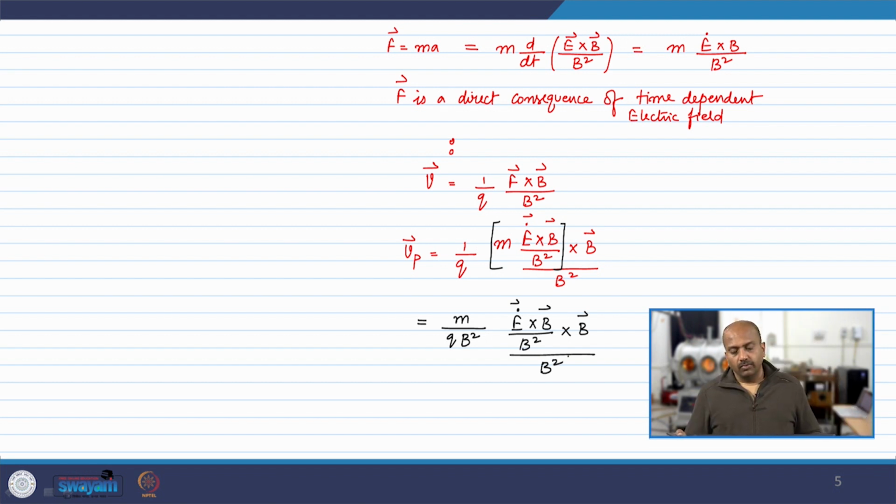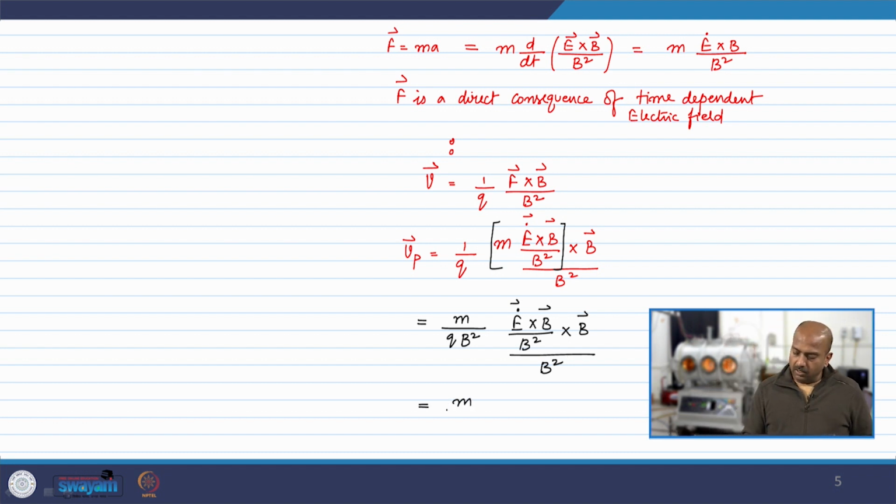Since we do not know how E dot will curl with B, it is okay to write the time dependence outside and write m by q B square times d/dt of E cross B by B square.